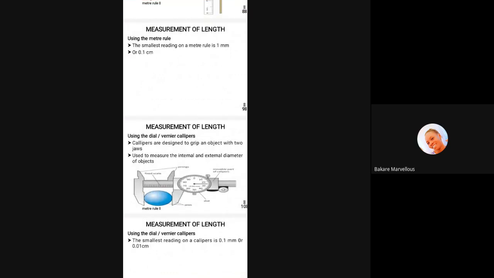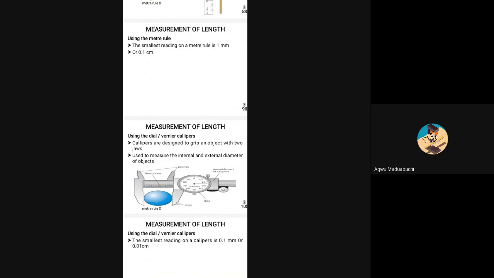10. Measurement of length using the vernier caliper. Calipers are designed to grip an object with two jaws, used to measure the internal and external diameter of objects.